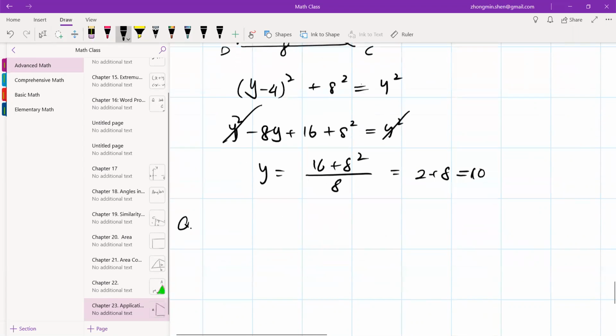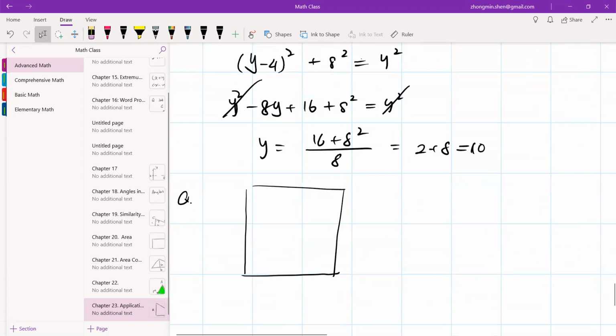Okay, it's still similar. In the following triangle, this is a square. Okay, unit square. Oh, we don't even know it's a unit square. We don't know the size of the square, just a square.